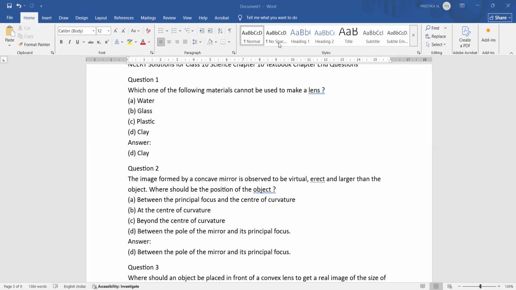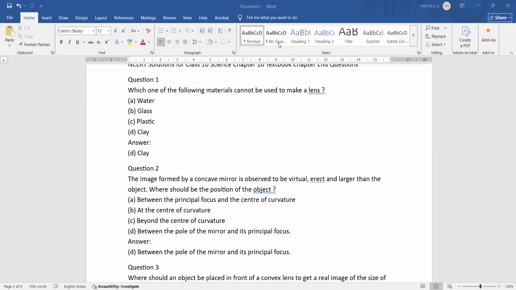Chalo, let's discuss the first question. Which of the following materials cannot be used to make a lens? They have given you 4 options and they are asking which material cannot be used to make a lens. Beta, a lens is first of all a transparent object through which at least light can pass.